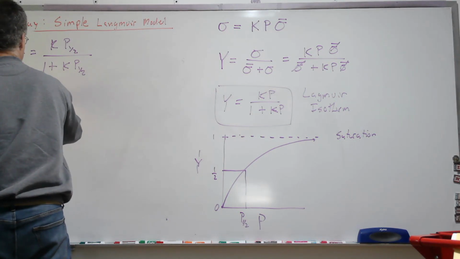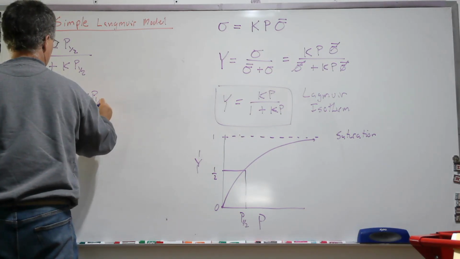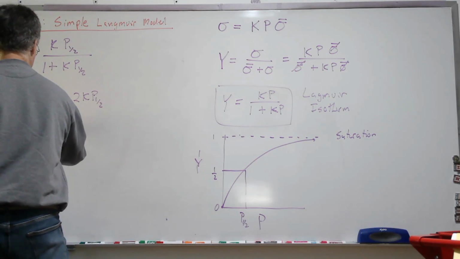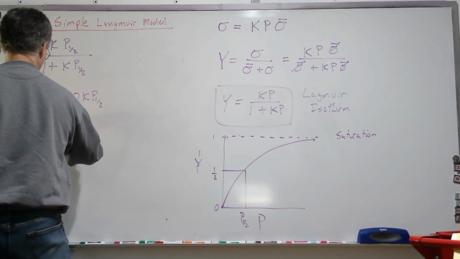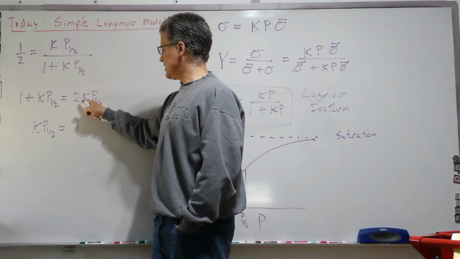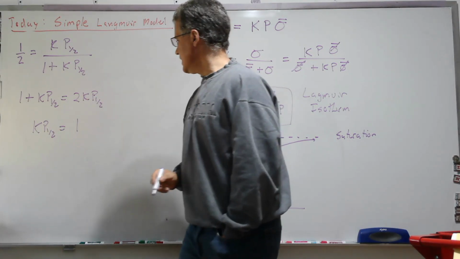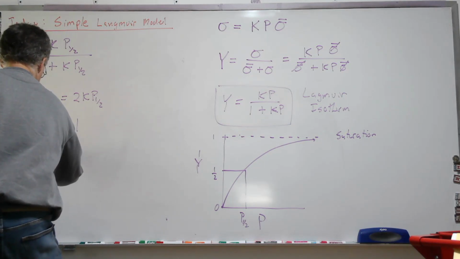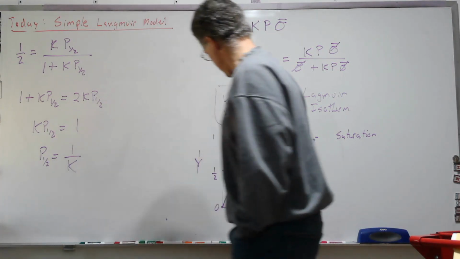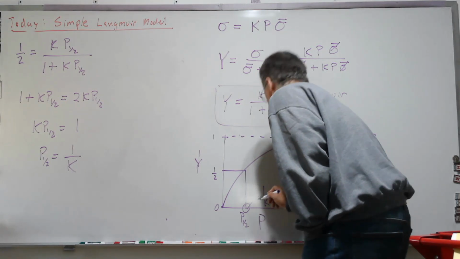We have 1 plus Kp1/2 equals 2Kp1/2. And so we get Kp1/2 equals 1, because I just brought this Kp over here, so that subtracts a Kp. So I have 1 equals Kp, and then I just switch the order here and solve for p1/2. It's 1 over K. So this point right here is 1 over K.